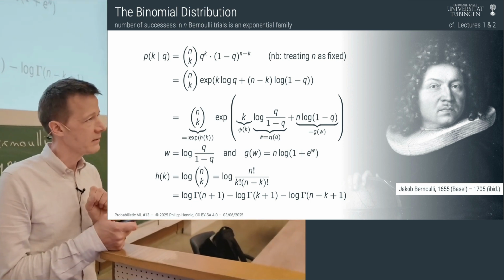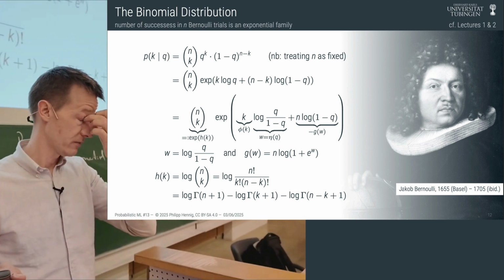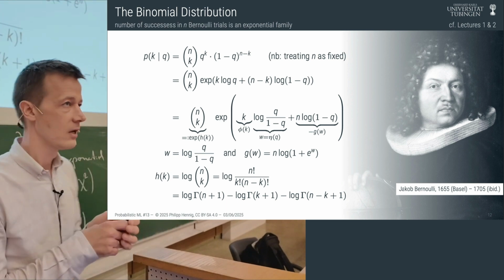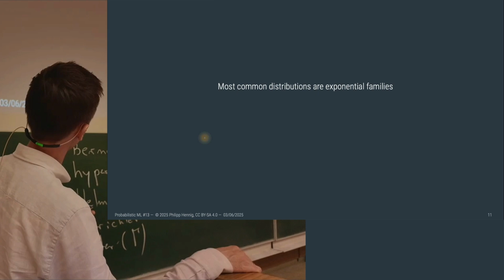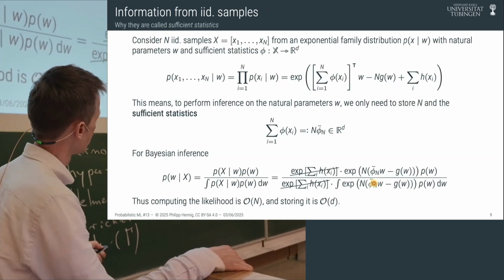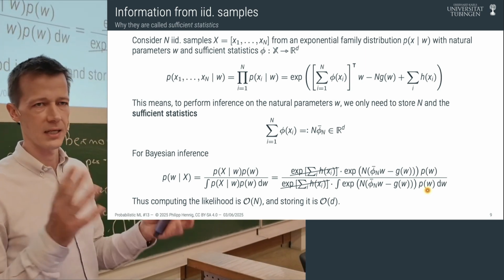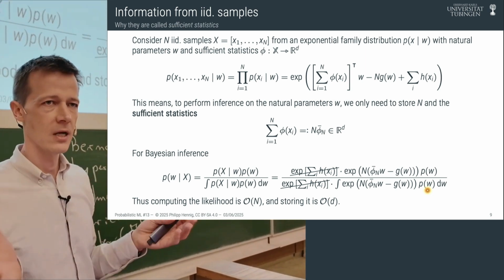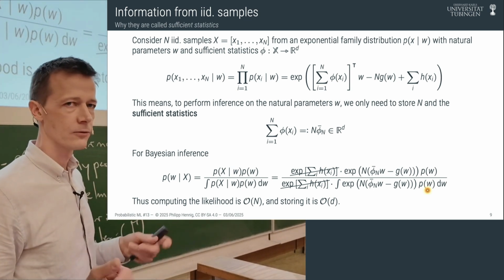So what I did back then, just to remind you, is to say, okay, I need to do Bayesian inference. I need to multiply this with the prior. And then I need to be able to compute this nasty integral down here. So I need to choose the prior p of w such that this integral becomes somehow tractable for me, and that I don't have to redo a new integral every single time I encounter more data.